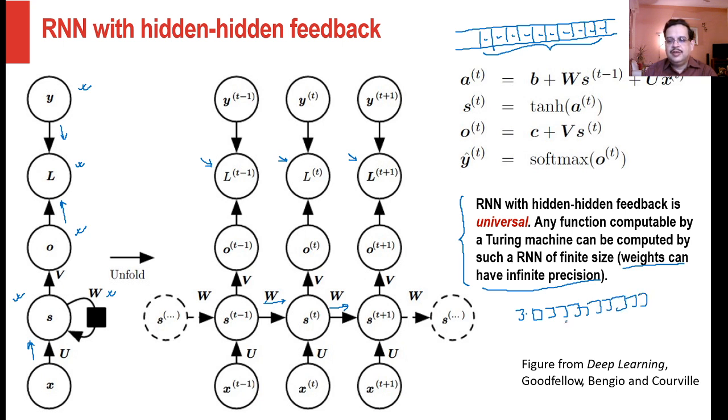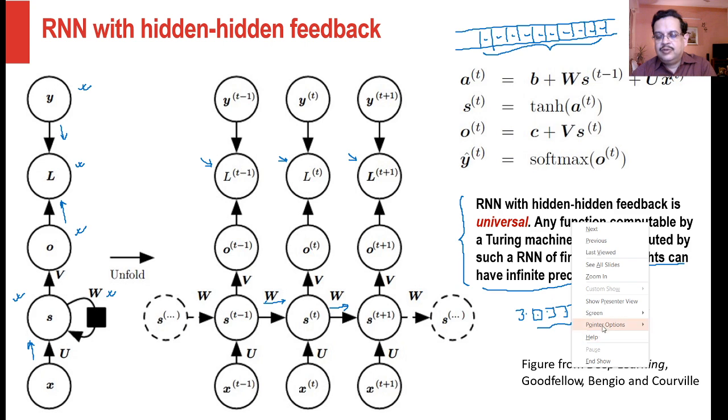Now this gives me something like an infinite amount of memory, and by suitably modifying the weights, I can potentially keep an unbounded amount of information inside this precision. So beyond this we are not going to look into any theoretical insights on how the RNN with hidden feedback is as powerful as the Turing machine. We are not going to go into more details of that.